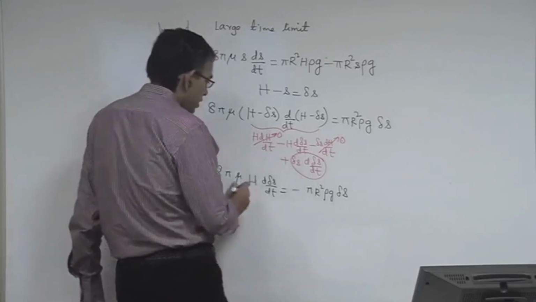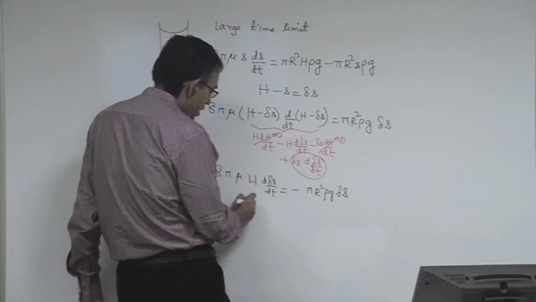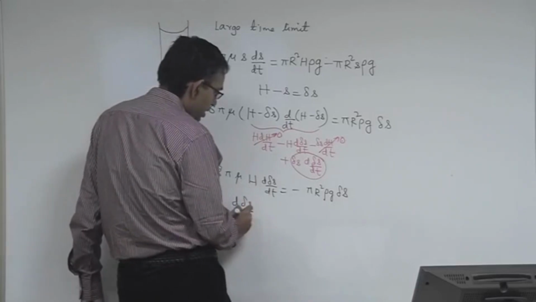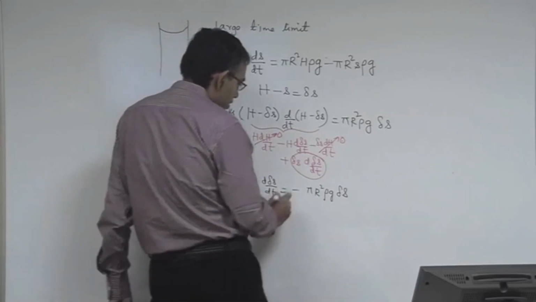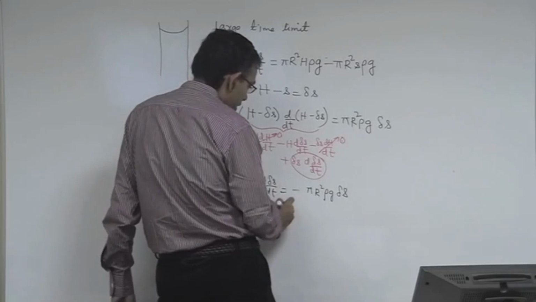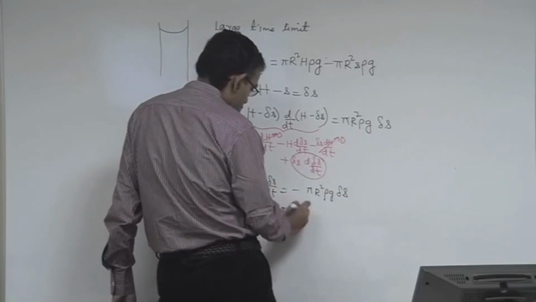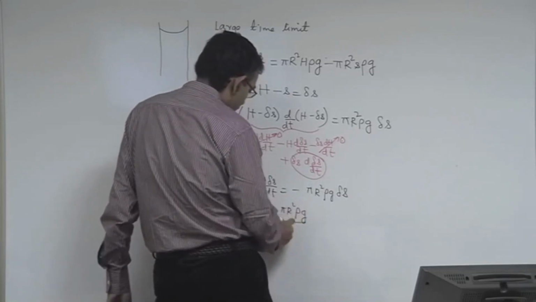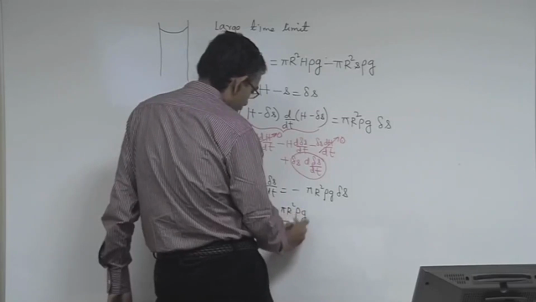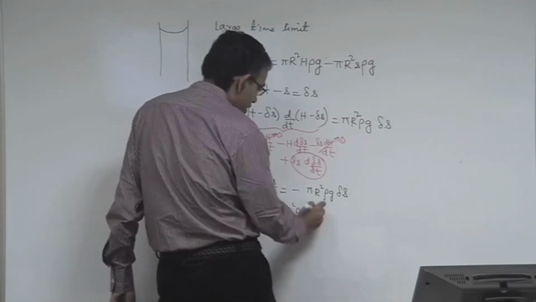So we can write d delta S by delta S is equal to minus pi r square rho g by 8 pi mu H dt.